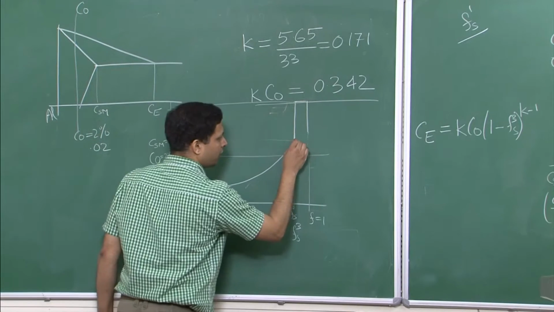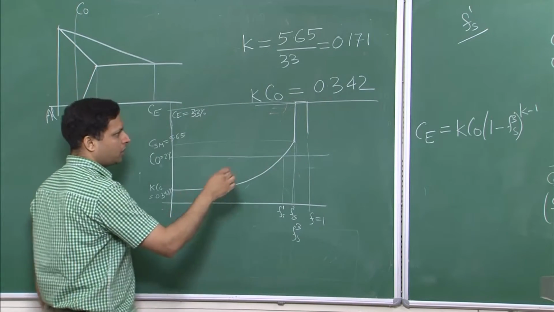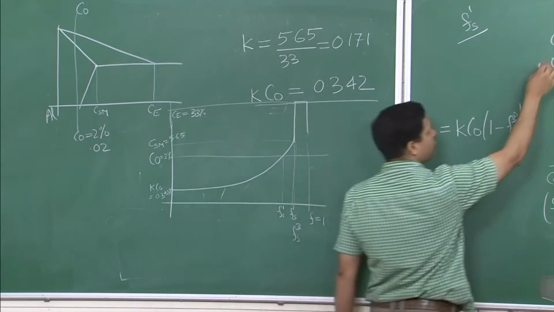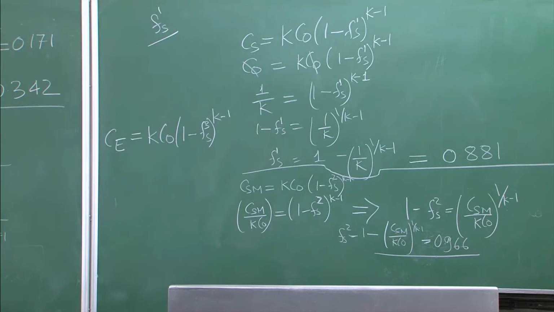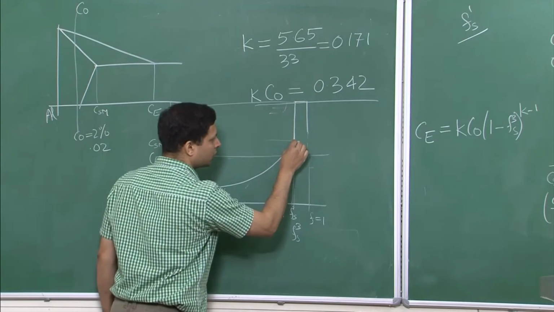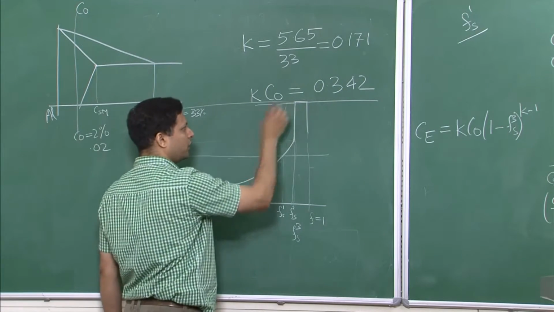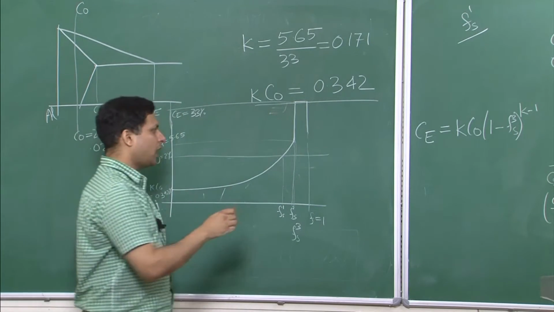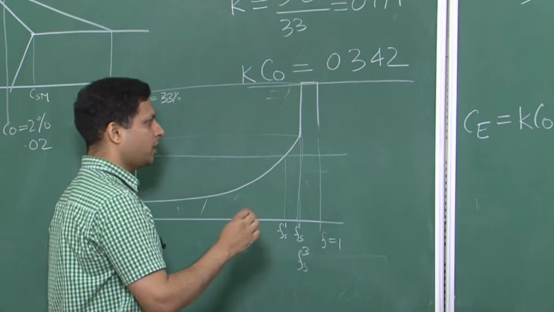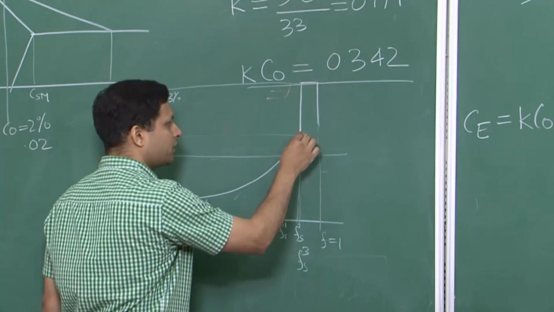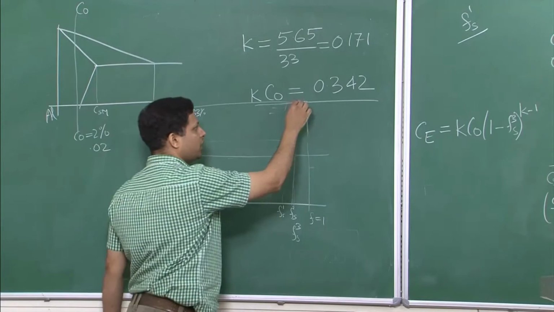Well, we said earlier there is a limit up to which this Shell's equation can be applied, and what is that limit? That limit is this point, the CSM value, because the rest of it at that particular point is in liquid state, and at that point in temperature when the solid reaches this concentration, the liquid reaches this concentration.